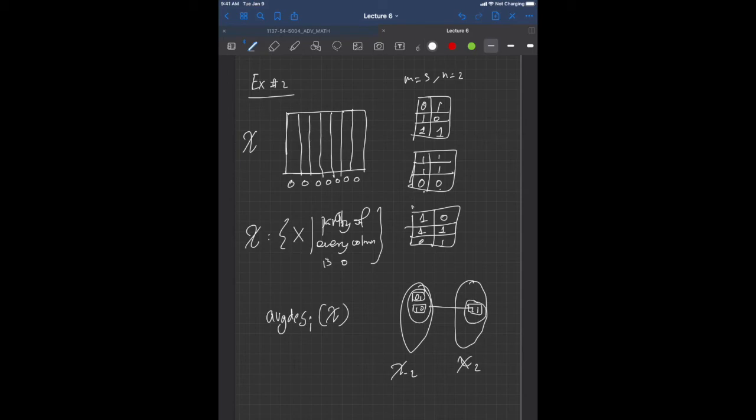So this is only one neighbor, and on the left hand side I have all possible m minus 1 by n matrices, and every one of them has degree 1. So the average degree in x minus 2 and x2 is just 1, and it didn't matter if you remove the second row, first row, the third row, or whatever other row.